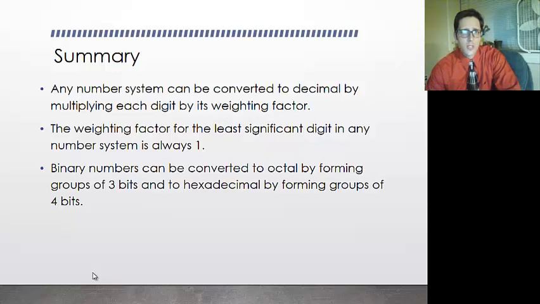Any number system can be converted to decimal by multiplying each digit by its weighting factor. The weighting factor for the least significant digit in any numbering system is always 1. Binary numbers can be converted to octal by forming groups of 3 bits, and to hexadecimal by forming groups of 4 bits.